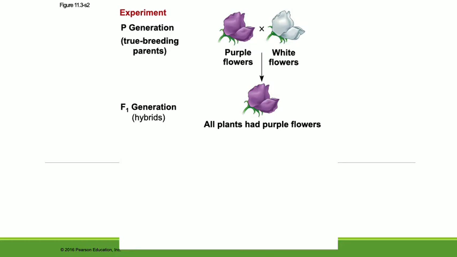They were the exact purple that the purple parent looked. So this was the interesting question. Like, look, I just crossed these two different flower-colored plants, but somehow I'm not seeing any white flowers in this offspring generation.